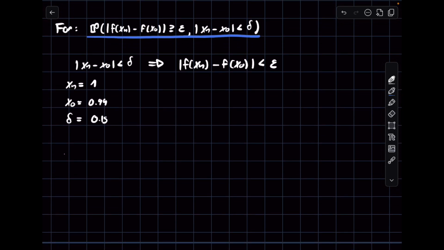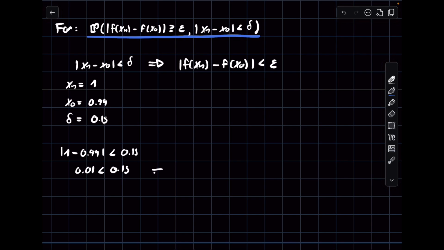So 1 minus 0.99 will give us 0.01, which is lower than 0.15.